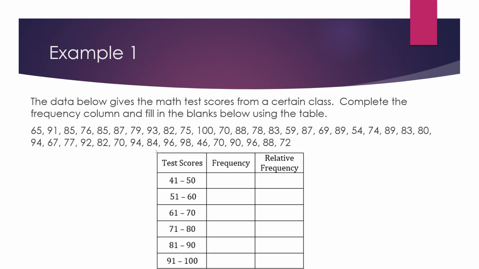It's really important to understand that these could be divided in many, many different ways. They could have 10 classes, they could have smaller class sizes, they could start at 40 and 50 instead of 41 and 51. So you have a lot of flexibility when it comes to setting up a frequency distribution. I would pause here and complete this example. I will resume with the solution.